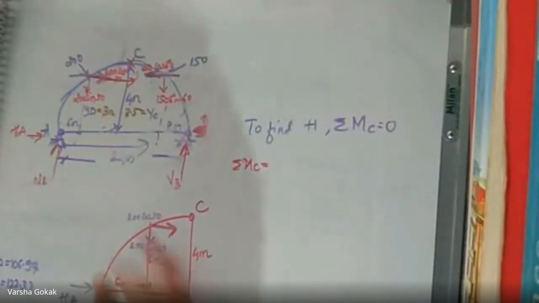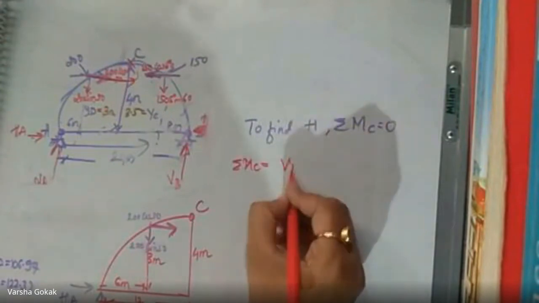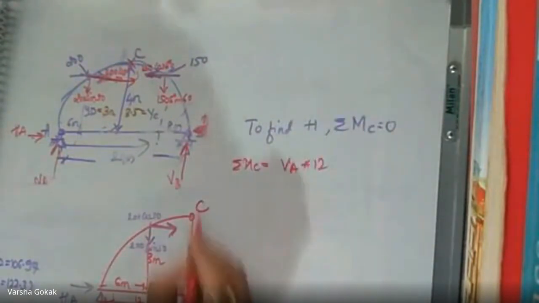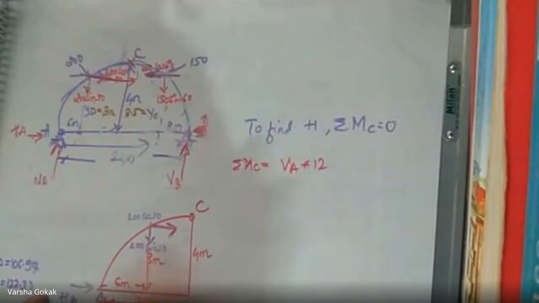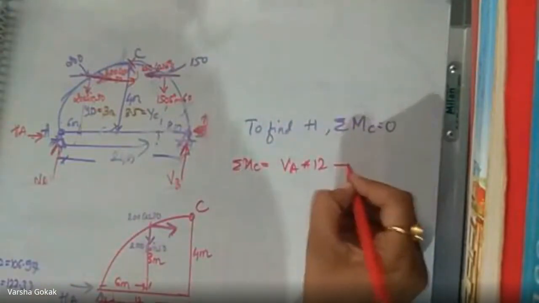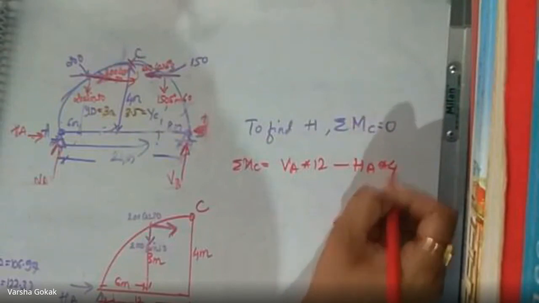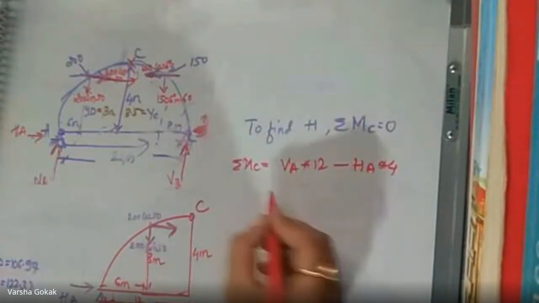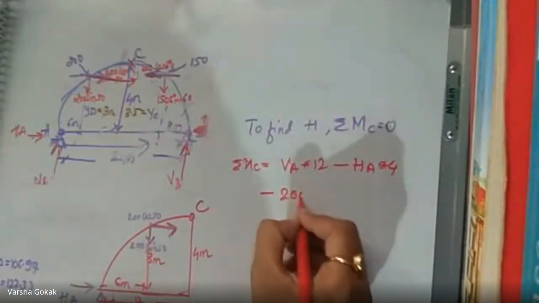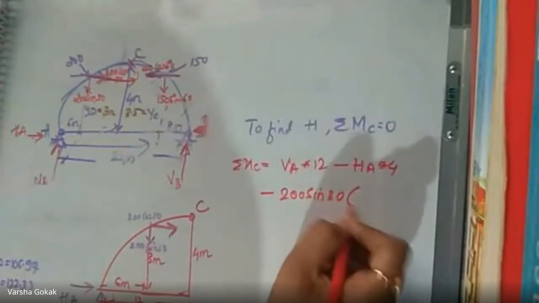So I take VA into 12 first. So VA into 12 clockwise, then HA into 4, I'm taking moment at C. So minus HA into 4 because it goes like this, anti-clockwise. Then I have this 200 sine also going anti-clockwise. So minus 200 sine of 30 into this distance.